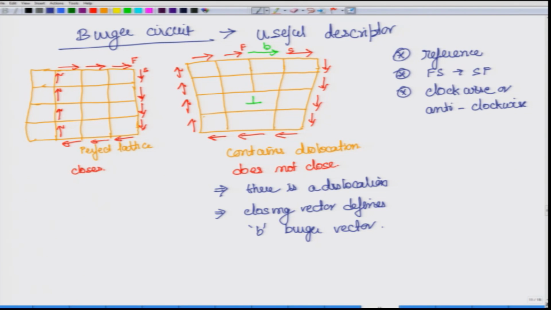Now, I will tell you something in advance: the Burger vector will remain the same no matter what convention you take, but only the sign would be different, whether you are going this way or that way. It can change depending on your reference, whether you are taking FS or SF, whether you are taking clockwise or anti-clockwise direction for the circuit. And therefore, what we will do is establish a convention.